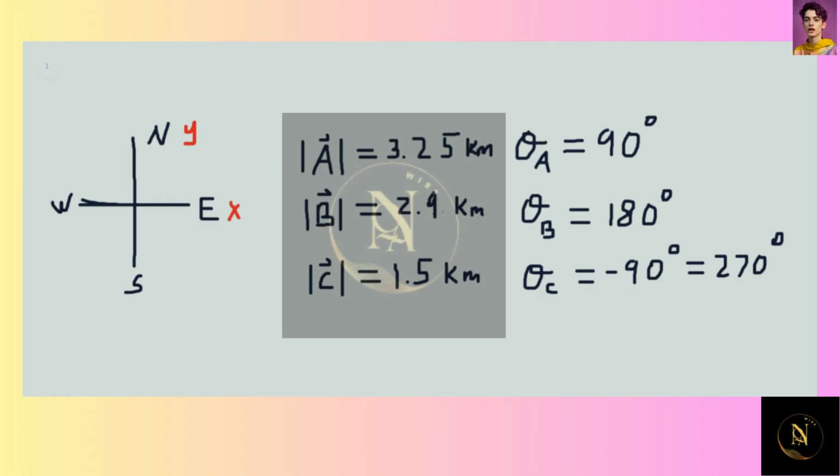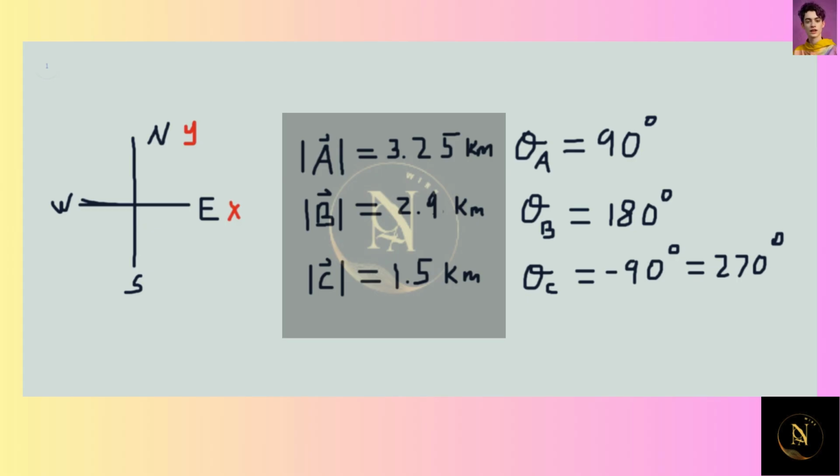And then vector C, we're told they drive straight south. So vector C, which is 1.5 kilometers, is an angle of negative 90 degrees relative to the x-axis, but negative 90 degrees is also the same as 270 degrees. So theta C is negative 90 or 270, whichever you prefer to use.